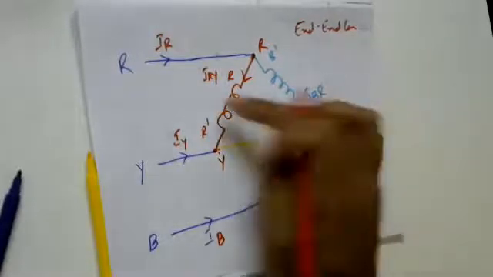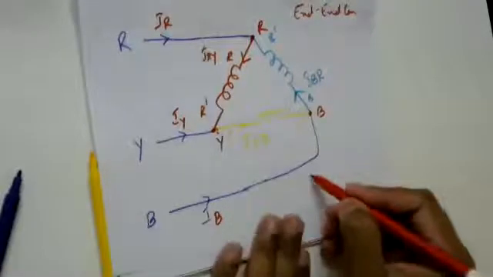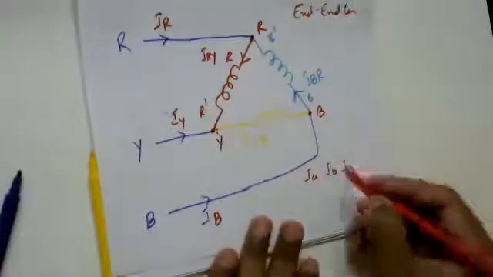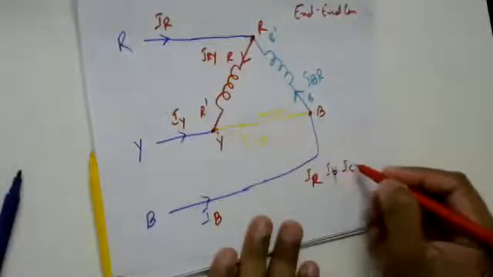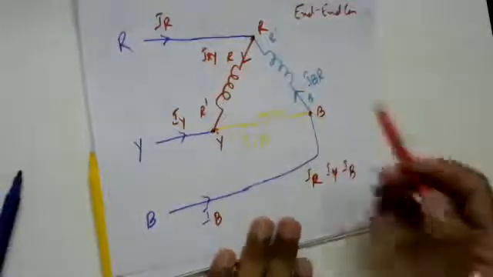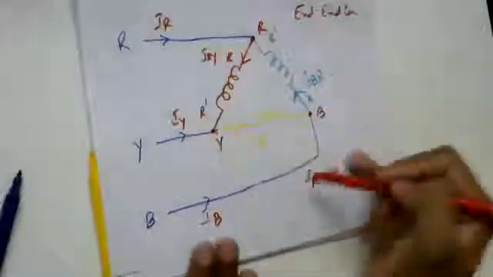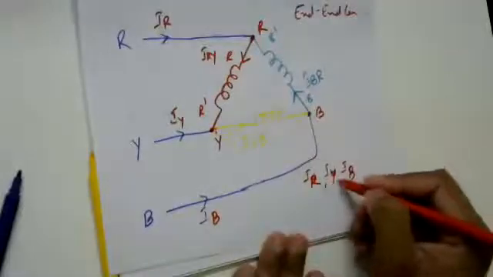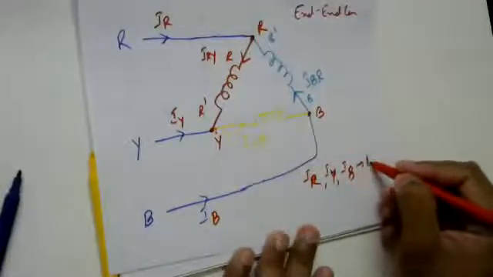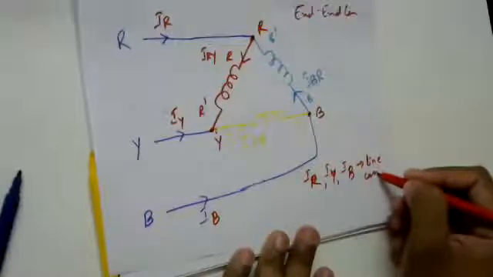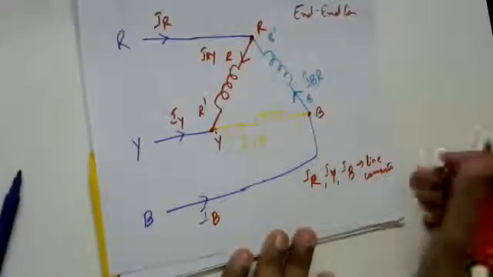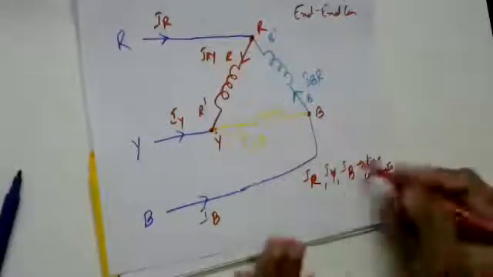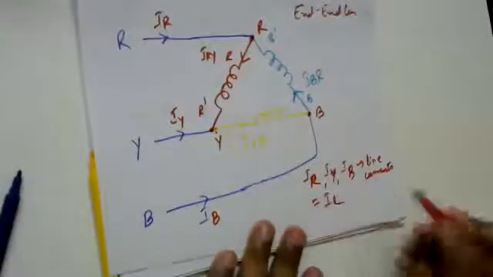Over here, I'm having three currents, IA, IB, and IC, or I can say IR, IY, and IB. These three currents, IR, IY and IB, are called the line currents, and I can equate their magnitude to IL.